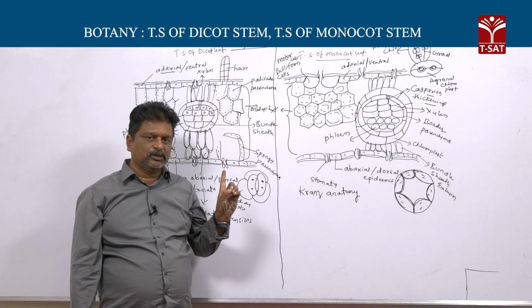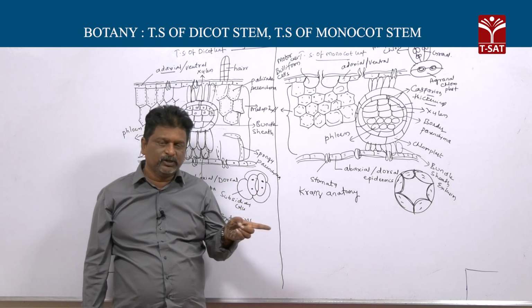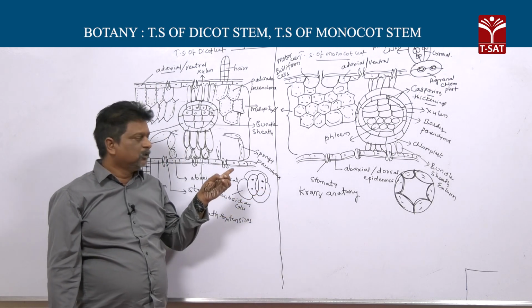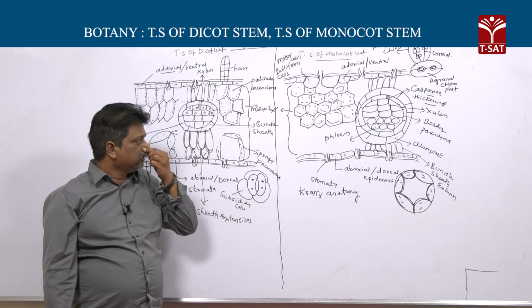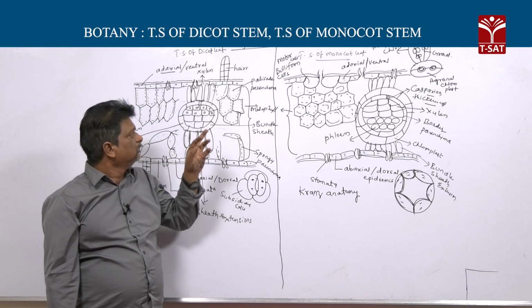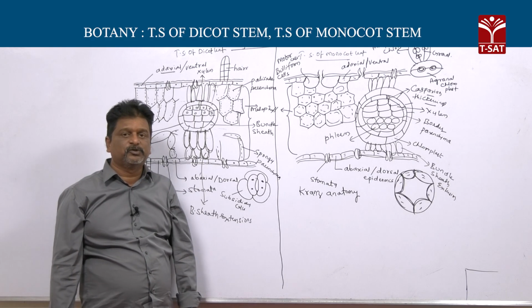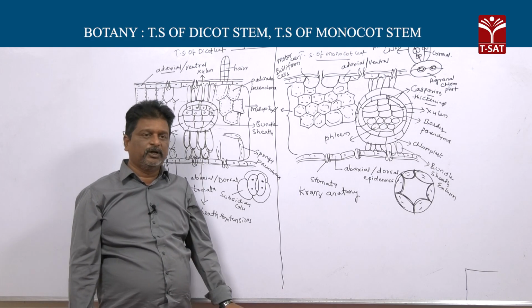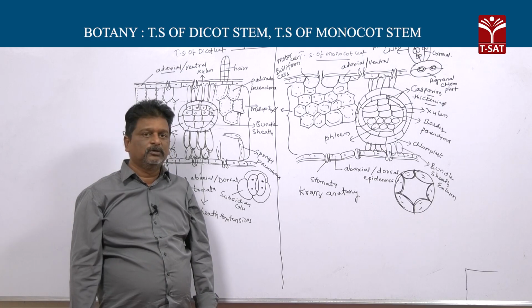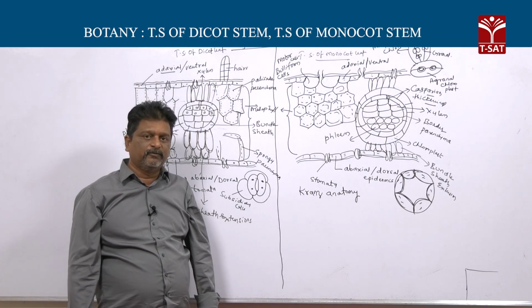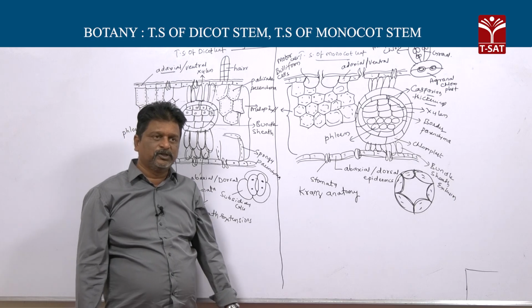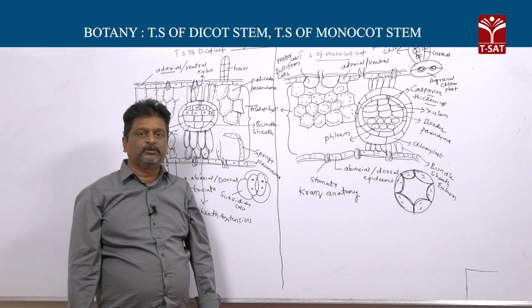Already I discussed one point. What is that point? That in Cycas leaflet, between xylem and phloem, non-functional cambium is present. So, open type of vascular bundle. So, if the question is, leaf with open type of vascular bundles, it means Cycas leaflet.